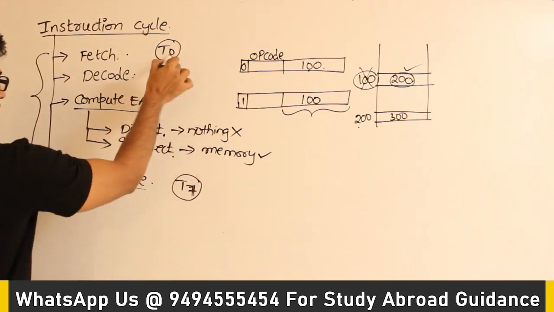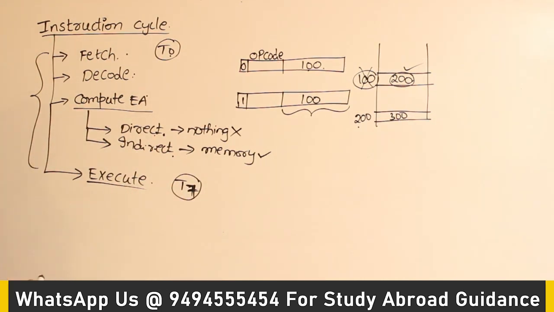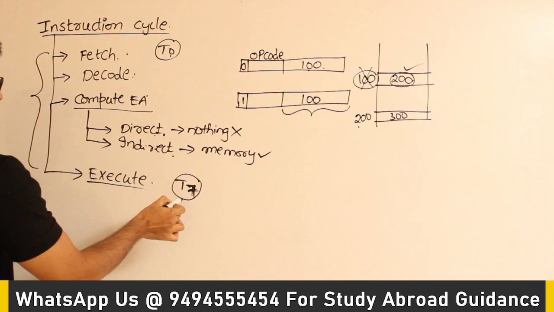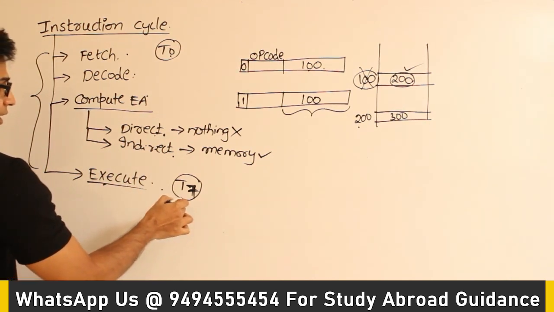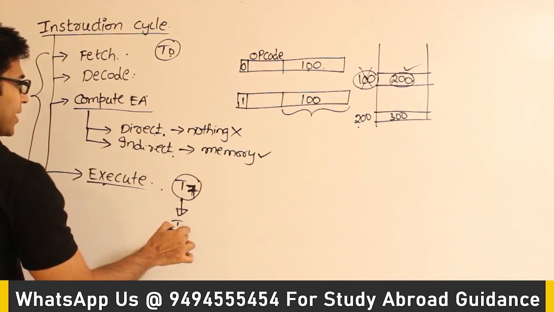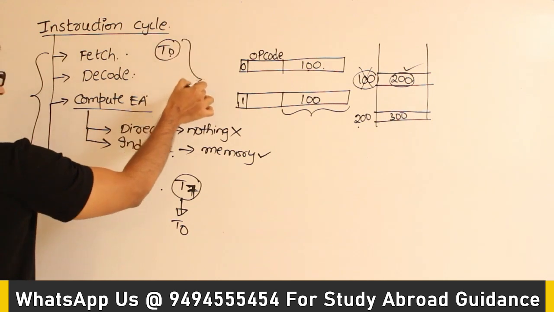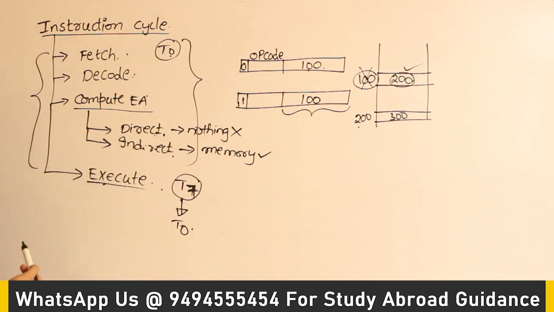So from T0 we started and assume that by T7 we have finished the execution. Then at the end, after execution is over, we trigger the clear input of the sequence counter, which means from T7 it will go back to T0 and again this cycle will repeat. Got it? Whenever it is T0, this cycle will repeat, right?